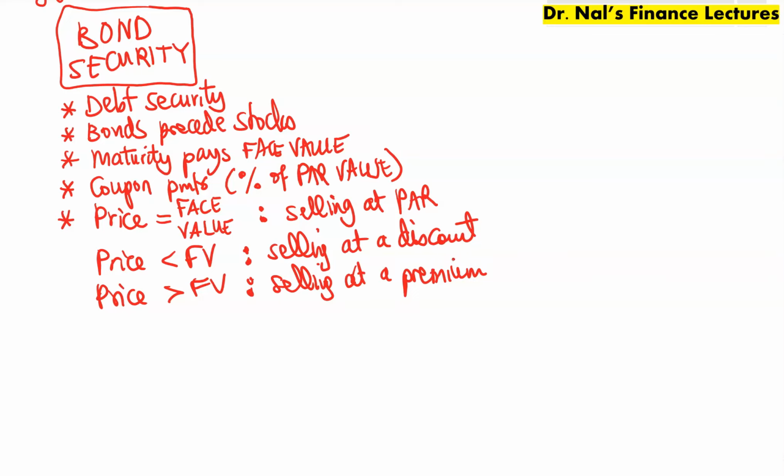So if the face value is $1,000, the price will be fluctuating between $800 and $1,200, I would say. If it's in the range between $800 and $1,000, that would be a discount bond. If the price is exactly $1,000, which is very unlikely, it's at par. And if the price exceeds the face value of the bond, then the bond is selling at a premium.